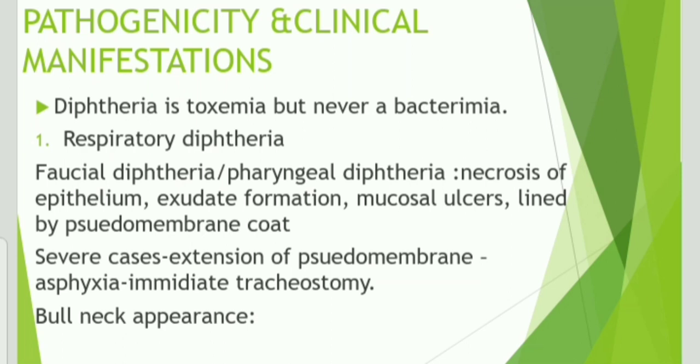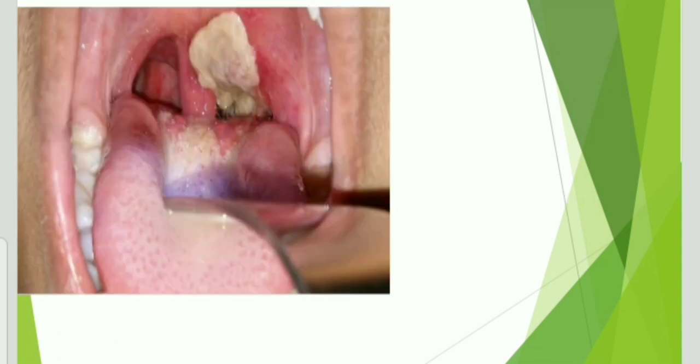And the clinical manifestations: the first one is respiratory diphtheria or faucial diphtheria or pharyngeal diphtheria. It is characterized by necrosis of the epithelium, exudate formation, mucosal ulcers, and it is lined by a pseudomembrane coat. You can see here.